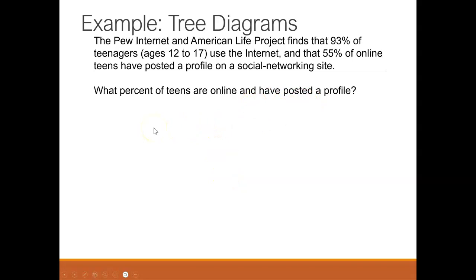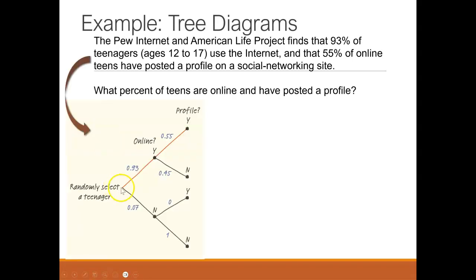So again, I'm going to draw a tree diagram to represent this sample space. So I have some random teenager. 0.93 is online. 0.07 is not. Of those that are online, 0.55 has a profile. 0.45 do not. Those that are not online, 0 of them can have a profile, because if you're not online, how are you going to have a social media profile?